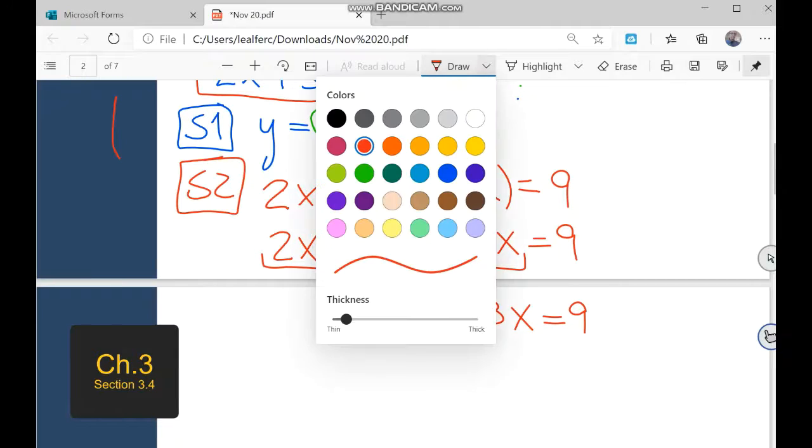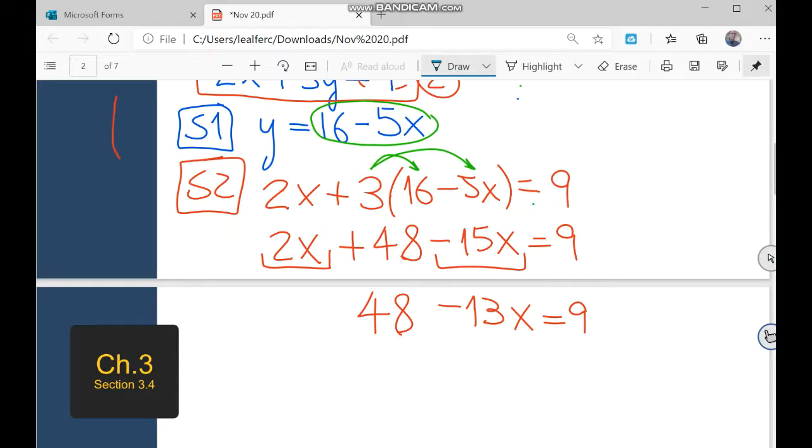Moving now to step number 3. Step 3, solution of the equation. We have this equation, let's find the solution for it. To find out, we're going to move 48 to the other side. We're going to keep only x on the left hand side.